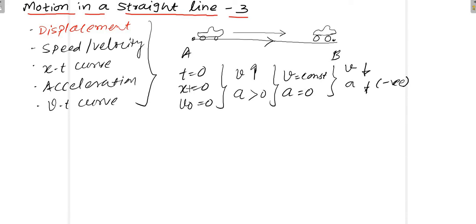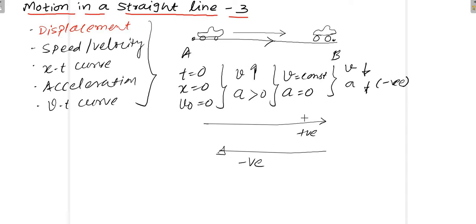So we have different categories of motion: velocity increasing, velocity decreasing, acceleration positive, acceleration negative, and in most of the region we would like to run at a steady speed with zero acceleration, right? This is how motion in a straight line, motion in one dimension, is studied. Suppose this is my positive direction, then this is going to be the negative direction.